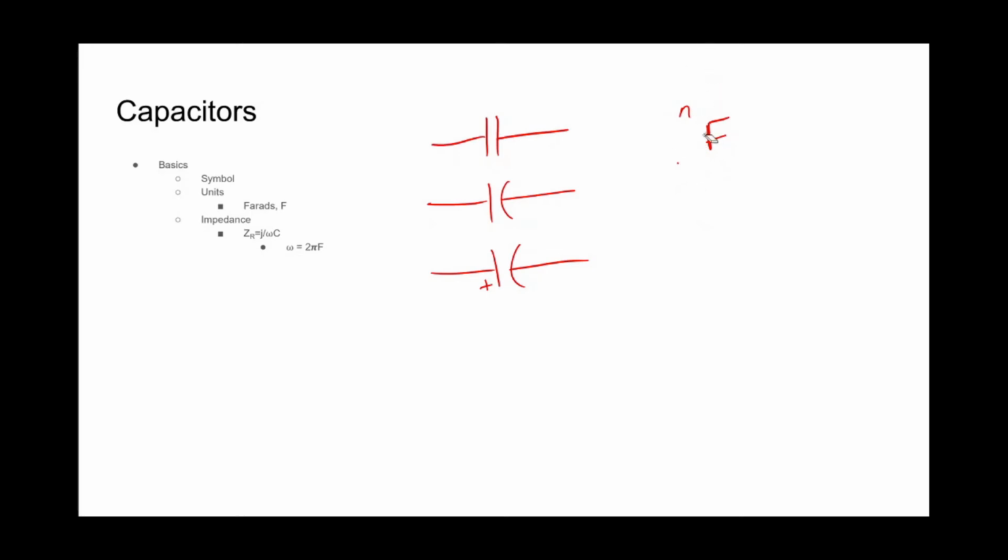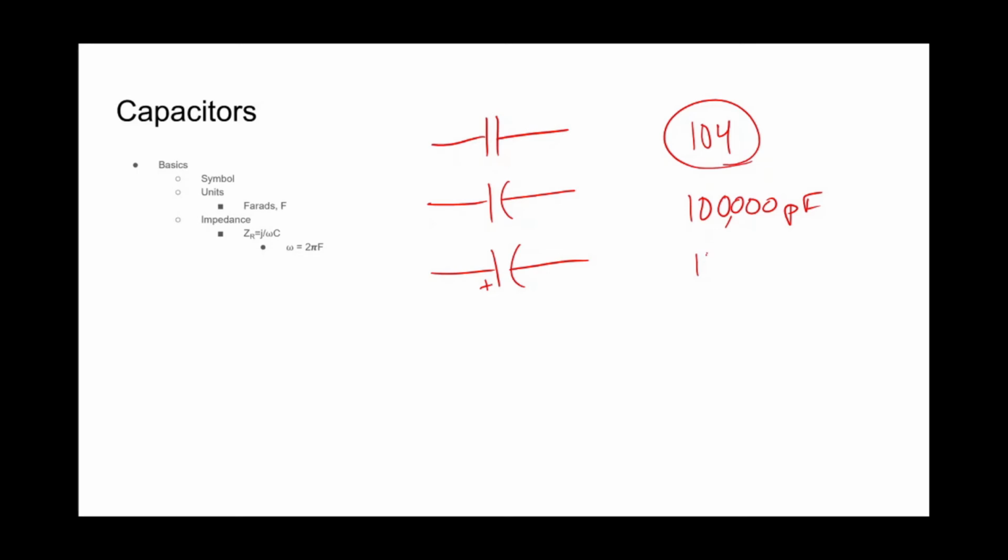And let's talk finally about reading them as well. So if you see something like a 104 capacitor, what that means is 10 with 4 zeros after it, so 100,000 picofarads, which is a very useful measurement.